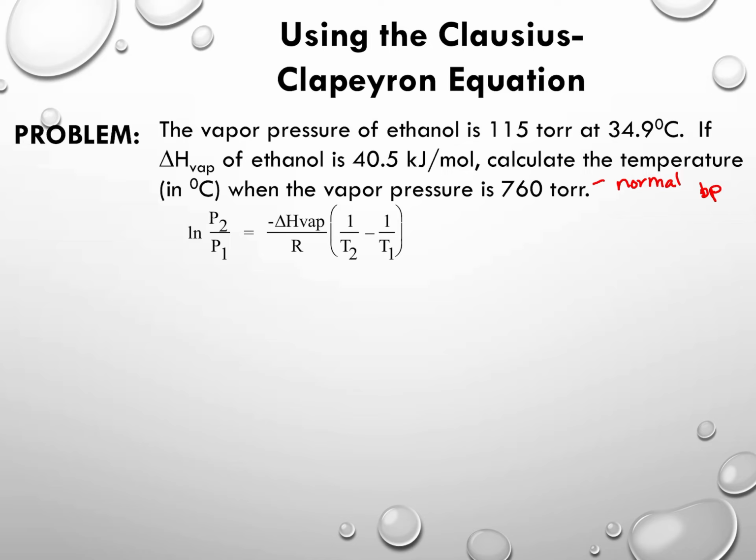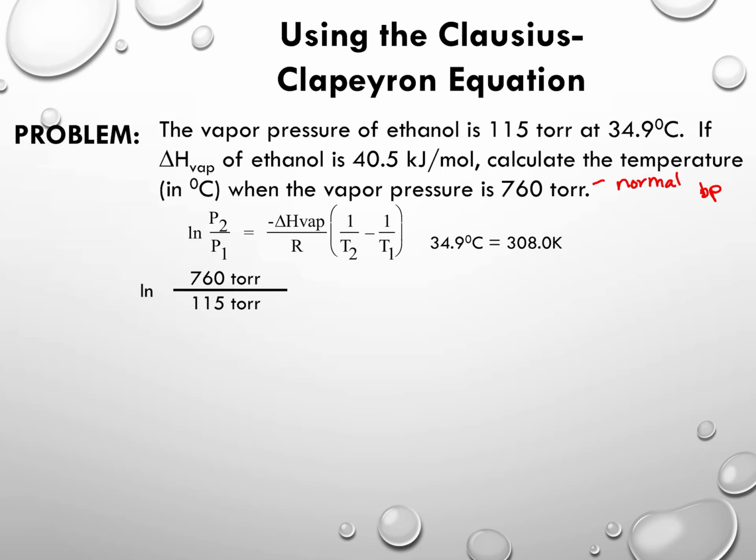So here's our equation from the previous slide. Natural log of P2 over P1 is equal to negative delta H vap over R times 1 over T2 minus 1 over T1. So first thing we need to do, we need to convert our temperature into Kelvin. So we'll add 273.15 and we get our temperature there. Then we can go ahead and plug things in.